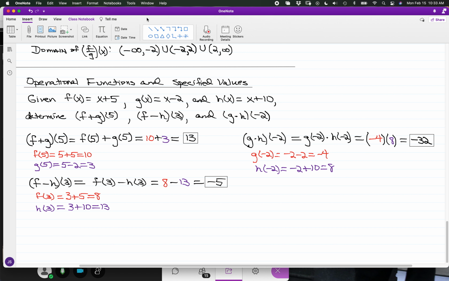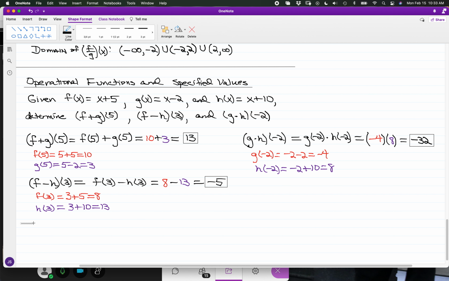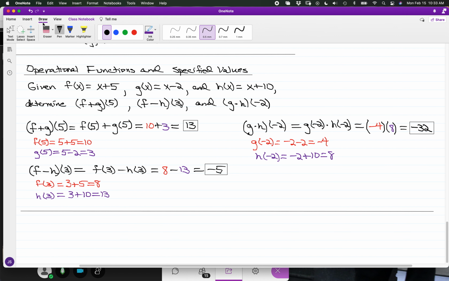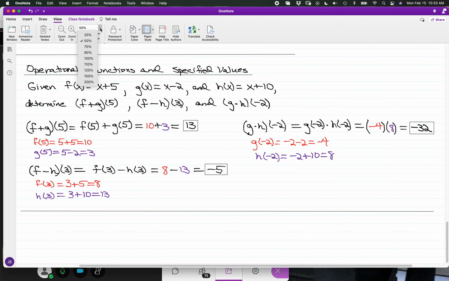I'll just point out an exception, if we're looking at the domain of functions.